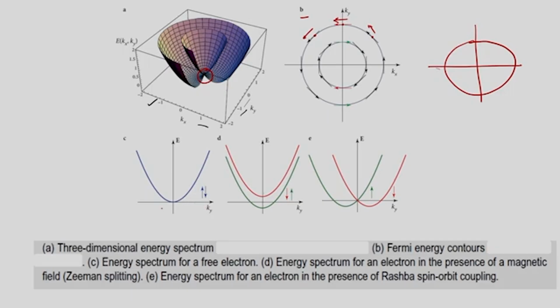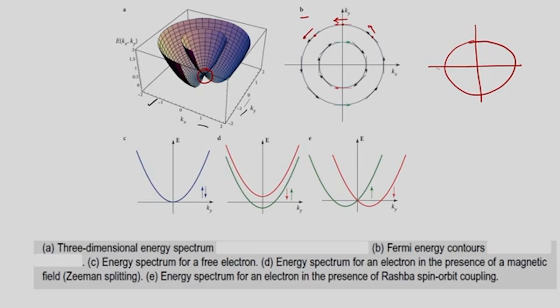The first one, C, is without any spin orbit coupling. So that is the parabolic dispersion that you all are familiar with, and it corresponds to both up and down spins. They are superposed on one another, so you do not distinguish them at all. Now, the second one is when you apply a Zeeman field.